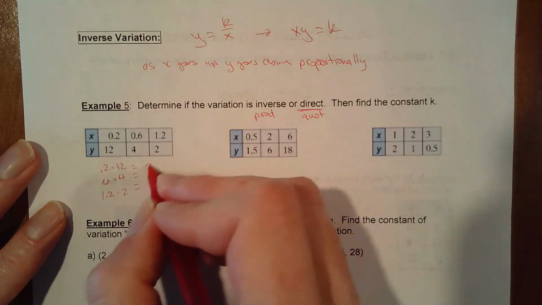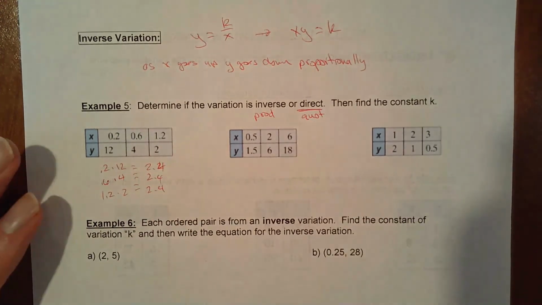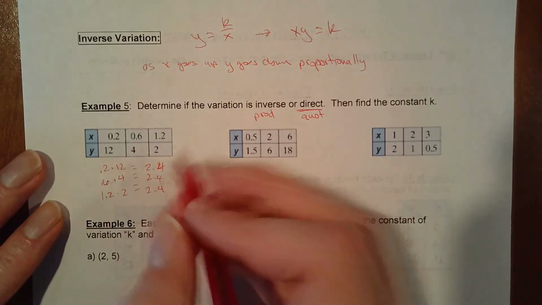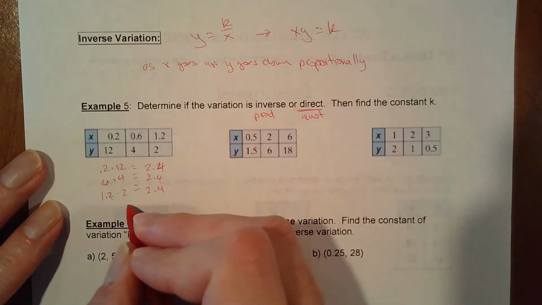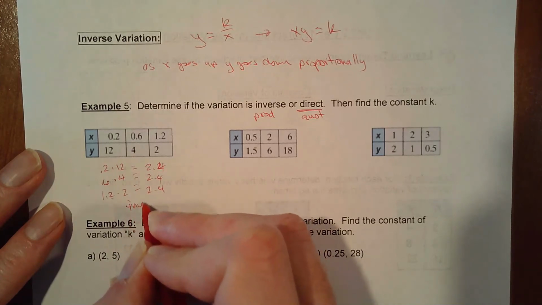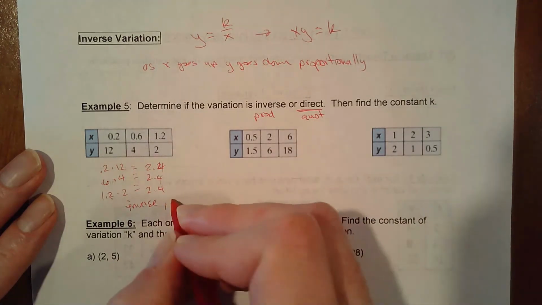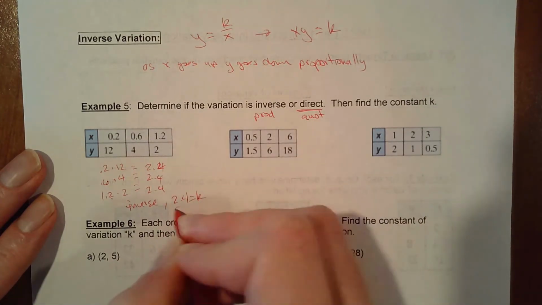If you notice, all these are 2.4. So that was pretty fast and easy. They are all the same. So the products are all the same. That means inverse. Okay. So this one is inverse. And the constant k is 2.4.